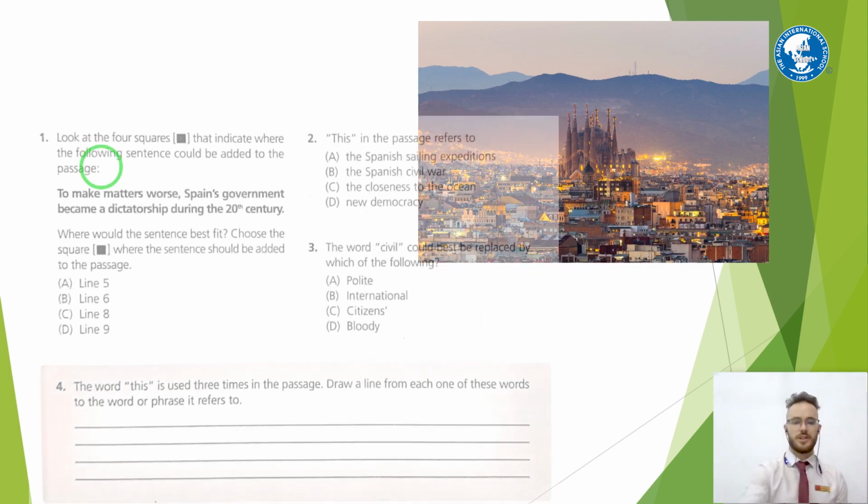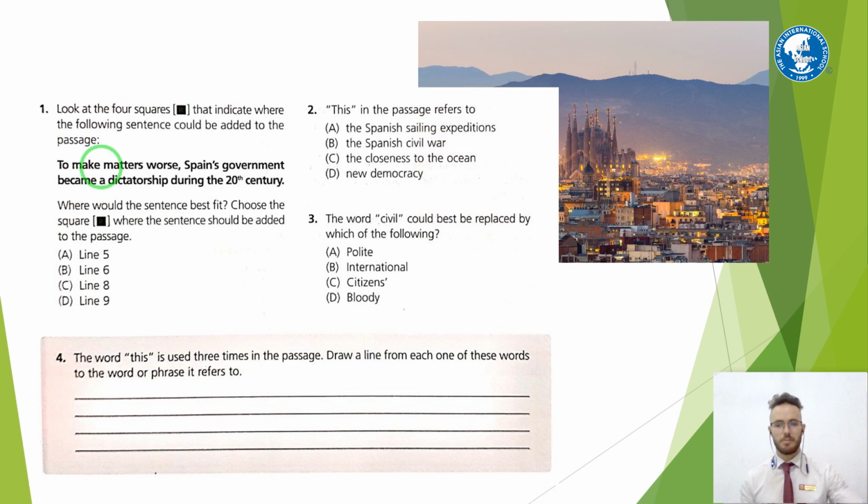Okay, so questions. Again, pause the video. Once you restart, I will do answers. Okay, so question number 1 says, look at the 4 squares and indicate where the following sentence could be added.